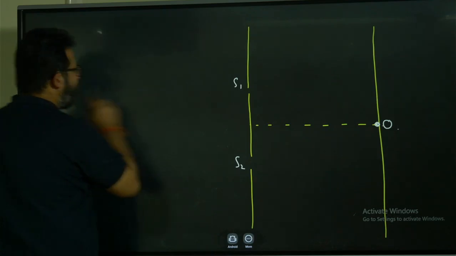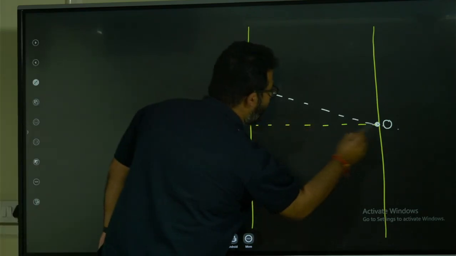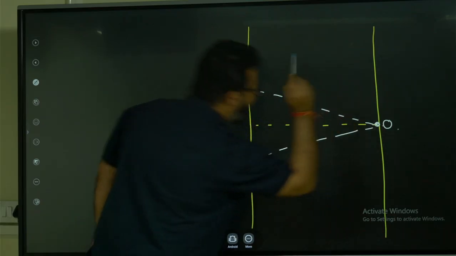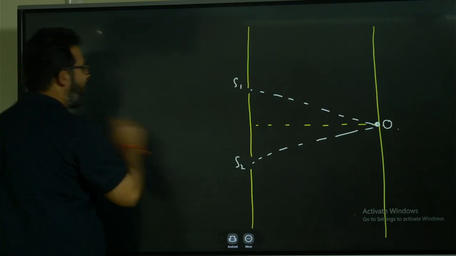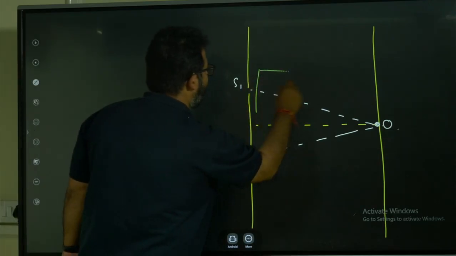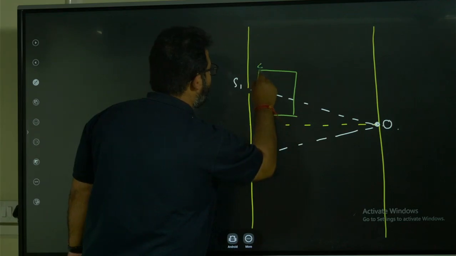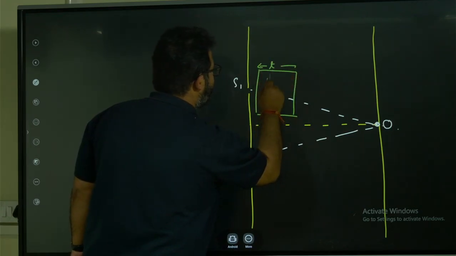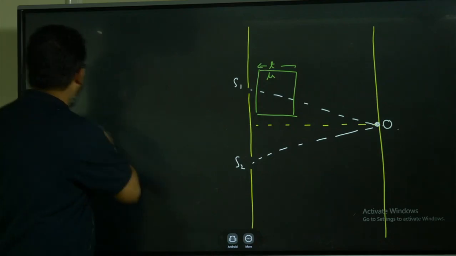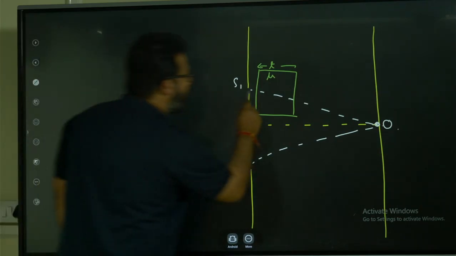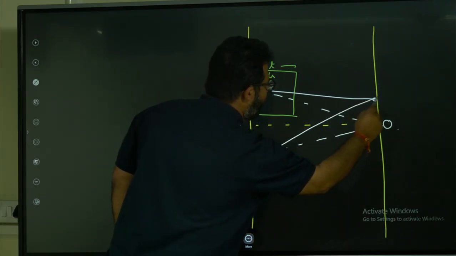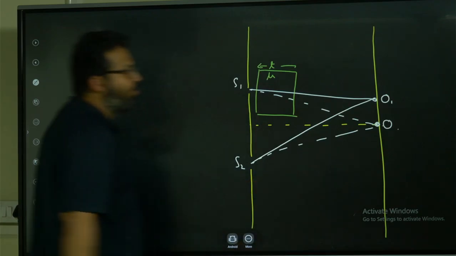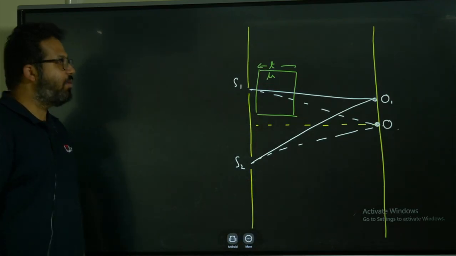This was where the central bright was being formed, at point O. Now when you put a rectangular glass slab here of thickness t and refractive index mu, it will form a little above, here, at O1.